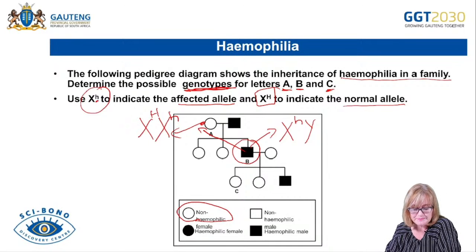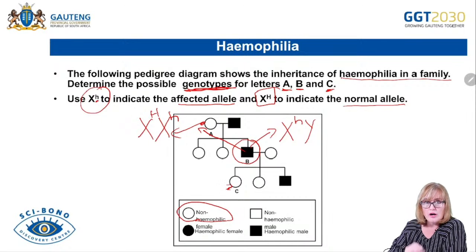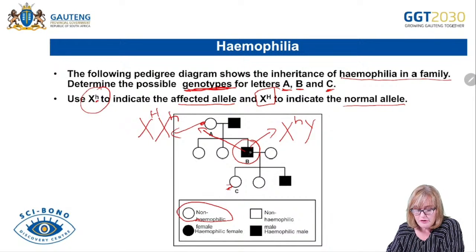Number C, the daughter here at the bottom. Oh, you have to go and look now. Work backwards. What about the father and the mother in this case? This child is not affected. So this child must have the dominant allele, because you cannot see that there's hemophilia. But just have a look. What did she get from her dad? The dad is affected. What is the dad giving the daughter? Not his Y chromosome. He's giving his X chromosome. And his X chromosome is affected.